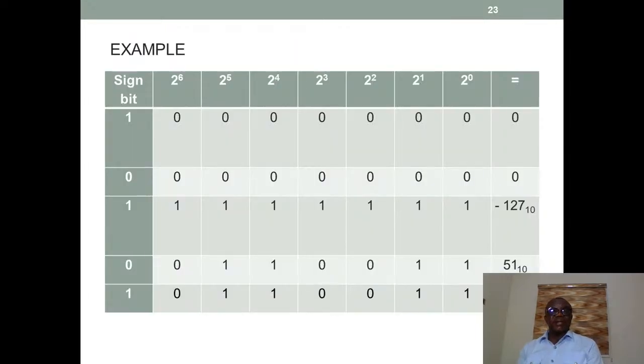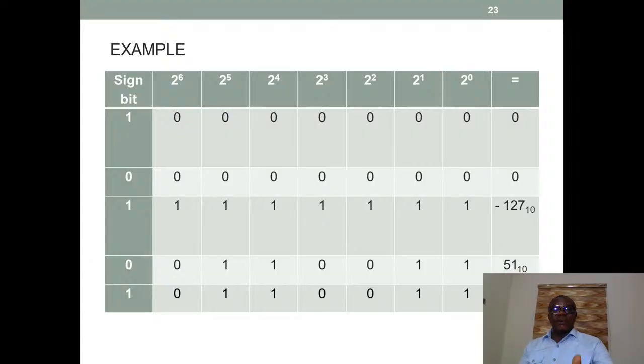Look at this table as an example. In the table we have seen, we still have 10000000, and we say that when you have that in sign and magnitude, it represents 0, because the one you are seeing there is used to represent the sign of that number.